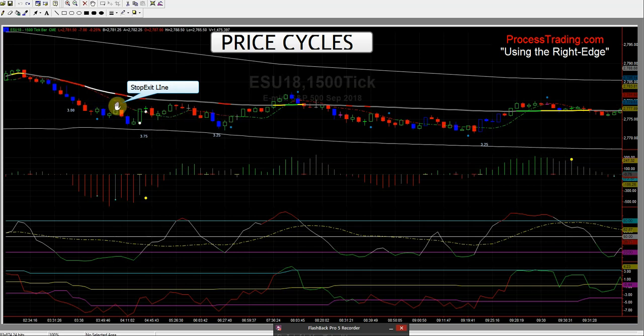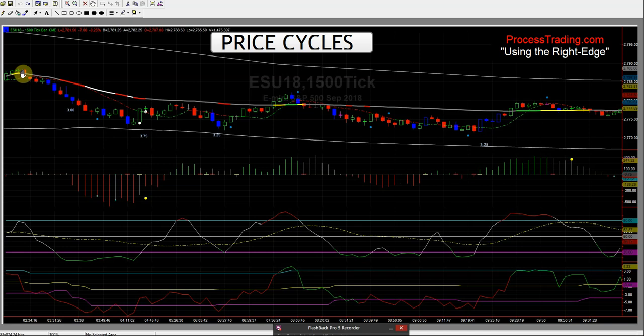And I'm not particularly going to go into all the application of that indicator. That's part of the indicators. But I do want to mention that we see right here a price cycle bar going below the stop exit line, where the price up here was above the support and resistance. It was above this VWAP, and it was green.